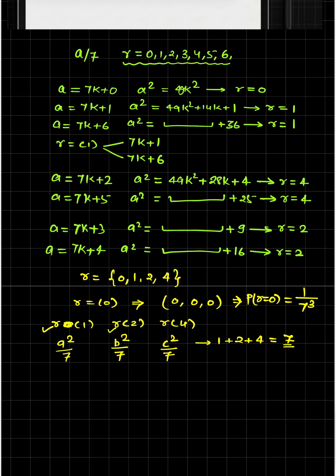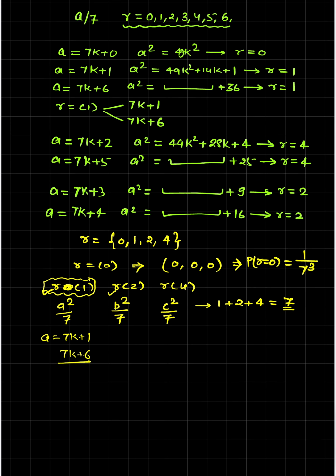We can simply say that if we choose a of type 7k plus 1 or 7k plus 6, in that case we can get remainder 1 when a square is divided by 7. So 2 cases.